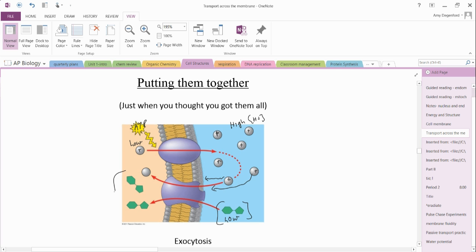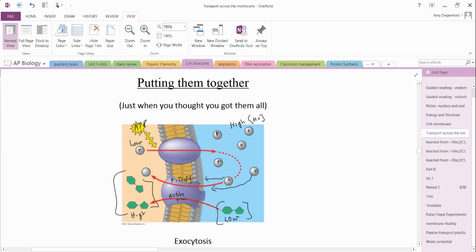So this is a low concentration, and then over here we've got, it's not very elaborate, but it's a high concentration of that green molecule. So this is a form of active transport down here because it's pumping this in from low to high, but notice the hydrogen ions are going from high to low. So this is a form of facilitated diffusion.